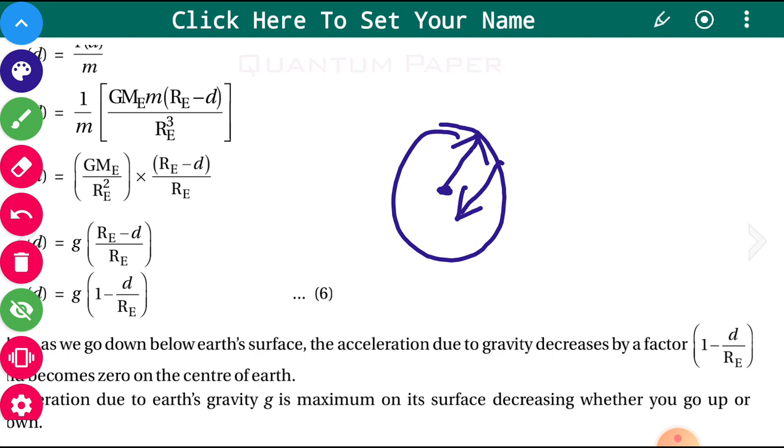If you go away from the center, the gravitational acceleration also decreases. So either you go below the surface of the earth or away from the surface, the gravitational acceleration always decreases. On the surface it is maximum.